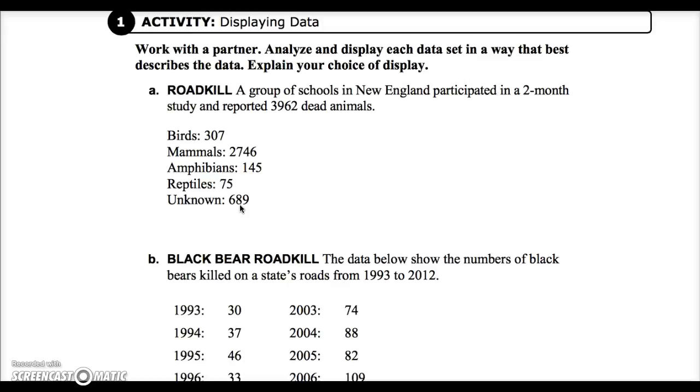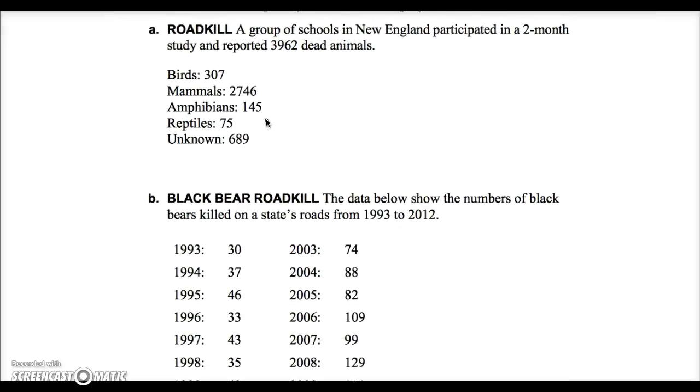So the best type of graph to use, because they gave us a total number of dead animals that were recorded, I'm going to say probably the best option for this one would be a circle graph.